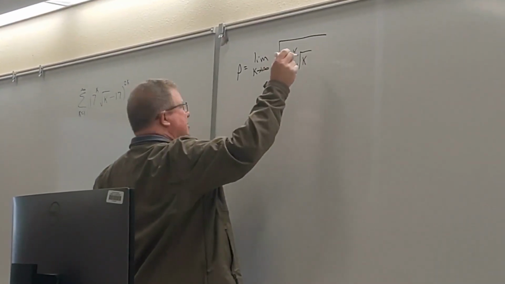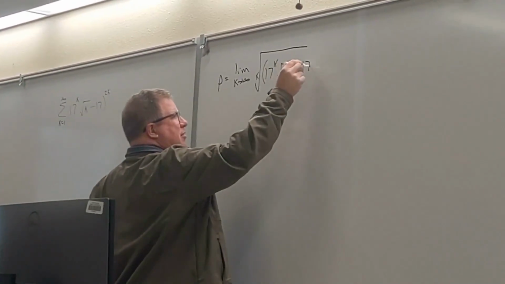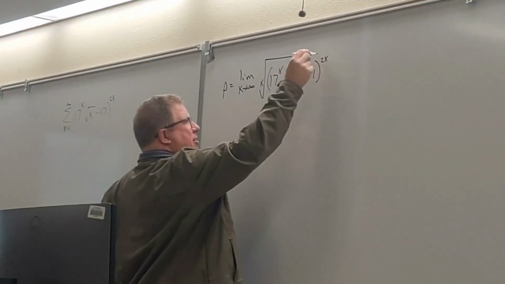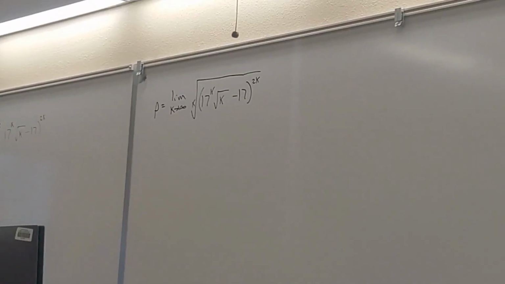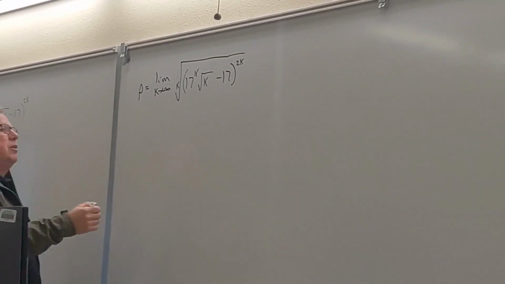But 17 to the k, this is in parentheses, square root k minus 17, and all this is to the 2k. I'm not sure where this is going to go because of those parentheses, but let's find out.